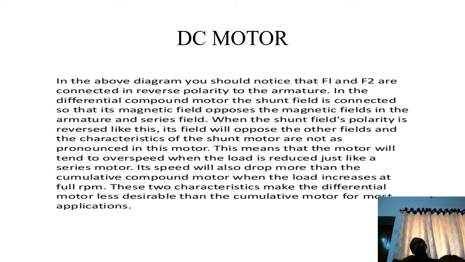In the diagram shown, we should explain that F1 and F2 are connected in reverse polarity to the armature. In the differential compound motor, the shunt field is connected so that its magnetic field opposes the magnetic field in the armature and series field.